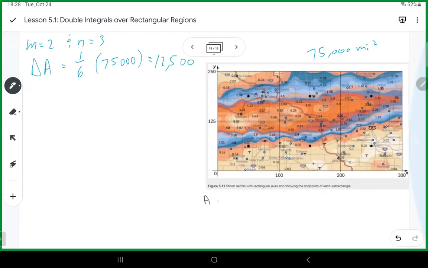I'm just going to make a little list right here. x11, y11, the rainfall would be 0.08. x12, y12, the rainfall is 0.08. x13, y13, the rainfall is 0.01.